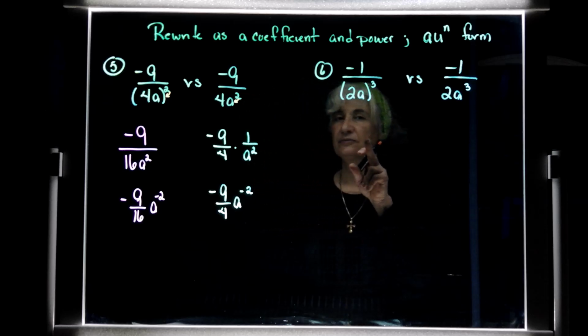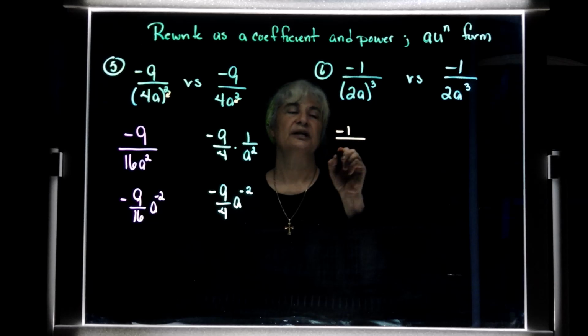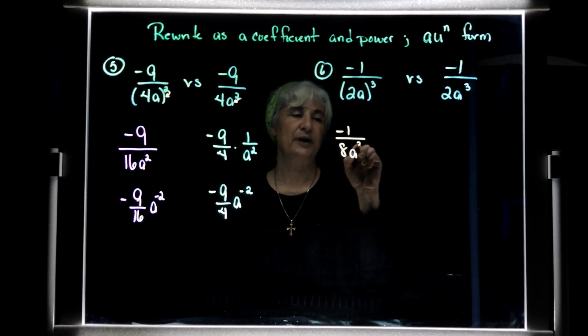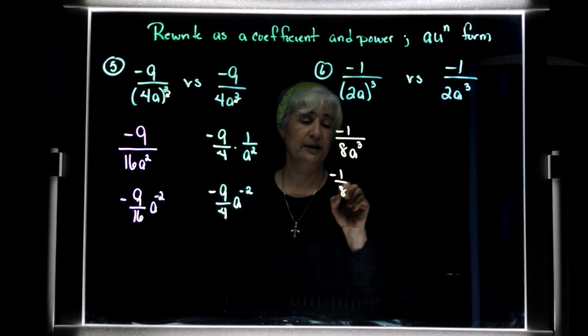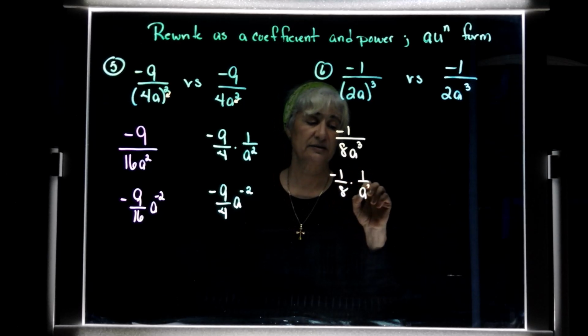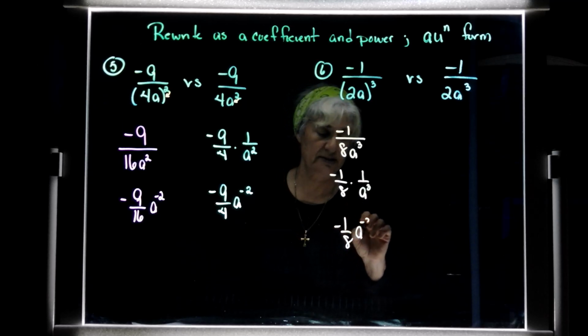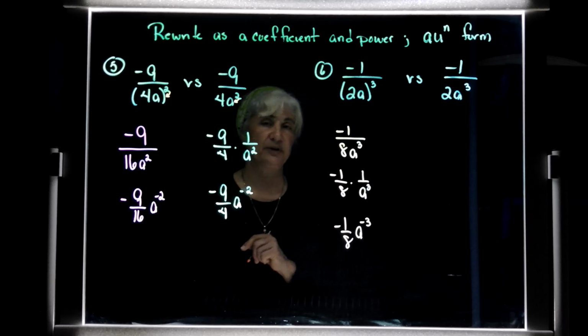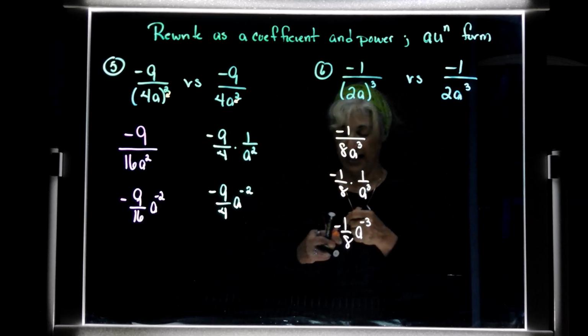How about this first fraction? Negative 1 over 8a to the power of 3. Very good. Some of you wrote the middle step in. That's totally fine. But you still get this exact same answer as those who didn't write that middle step in. Yes? And this one? Aha!